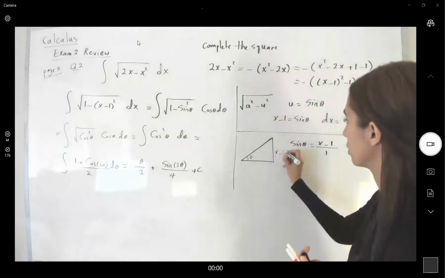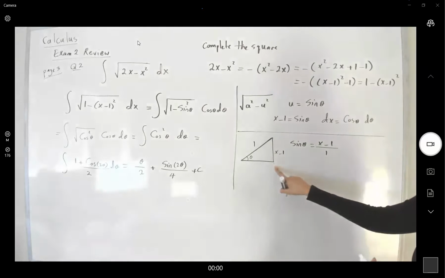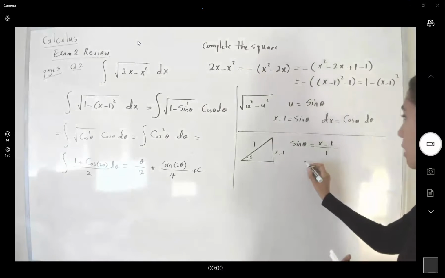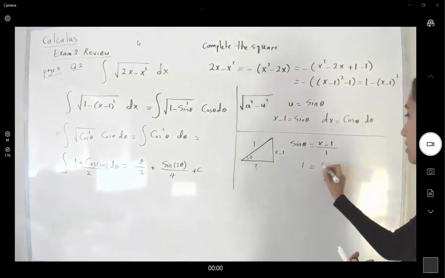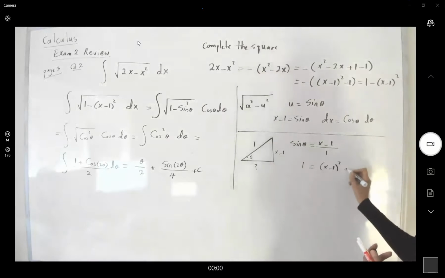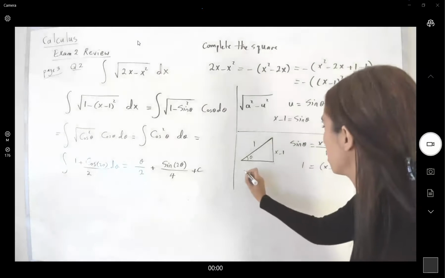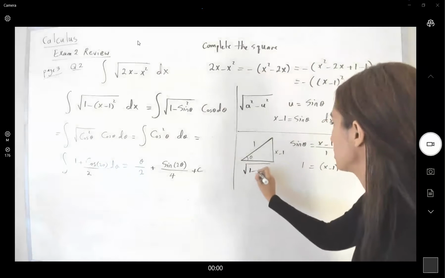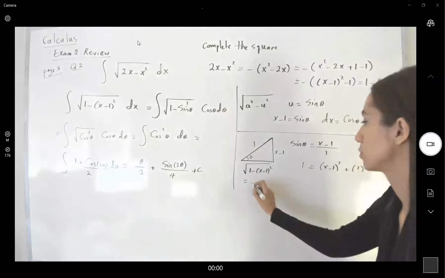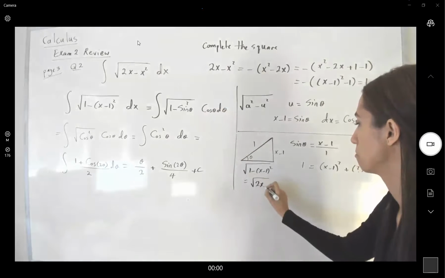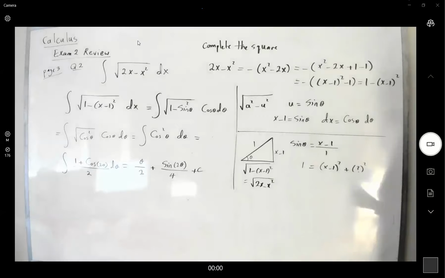We can find the other side: 1 is equal to x minus 1 squared plus question mark squared. The question mark is going to be square root of 1 minus x minus 1 squared, or 2x minus x squared. So we found all the missing measurements here.